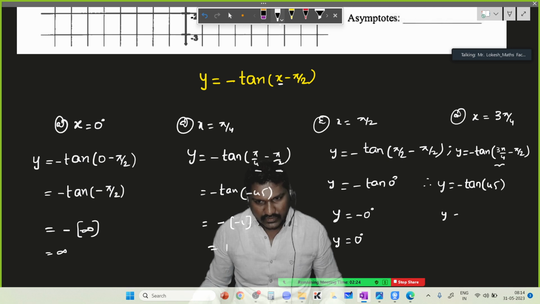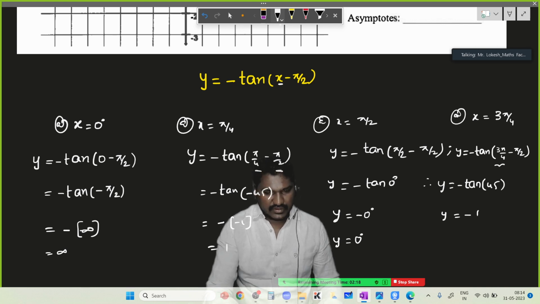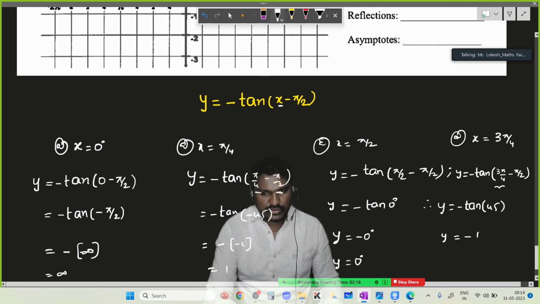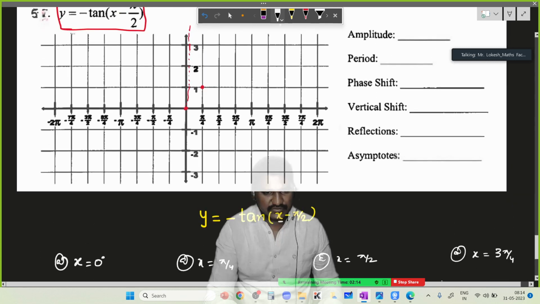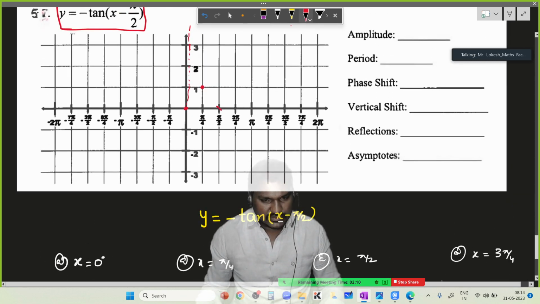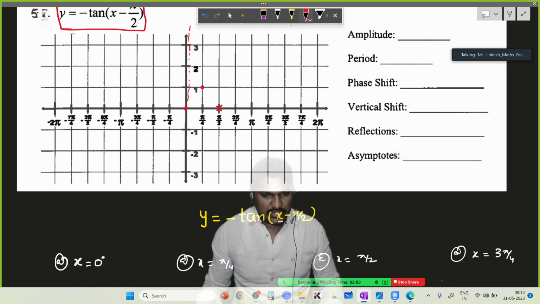So y is equal to minus tan 45, which will become minus 1. So at x is equal to 3 pi by 4, the value is minus 1. At 90, the value is 0, and at 3 pi by 4, the value is minus 1.